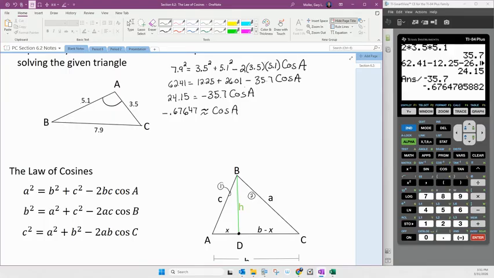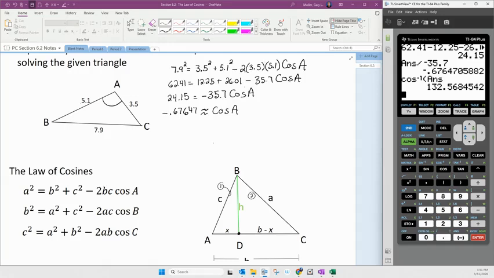So when I do the arc cosine of my answer, I get angle A is approximately equal to 132.568 degrees.